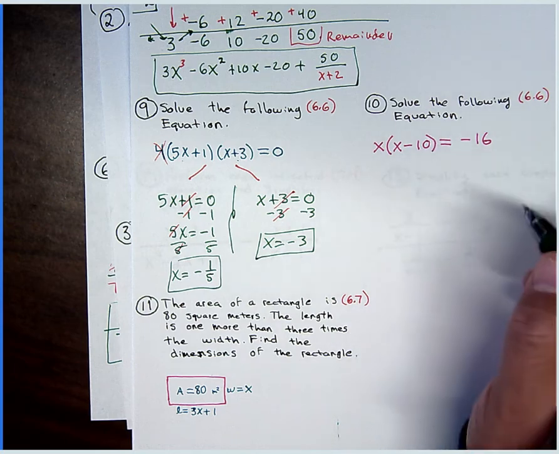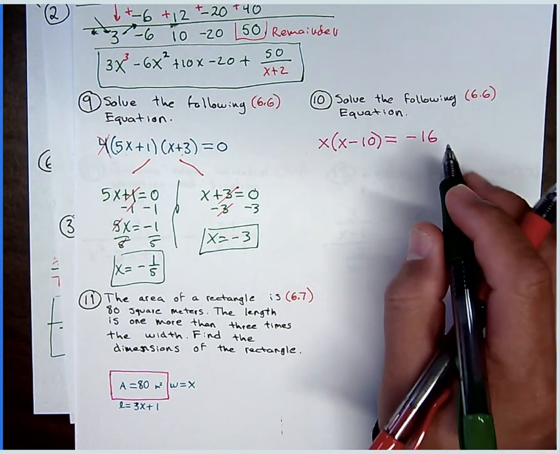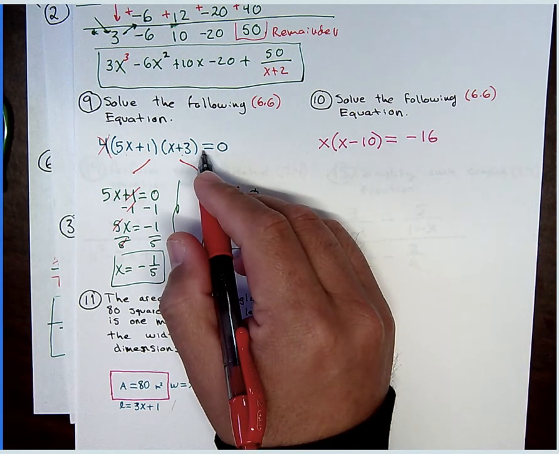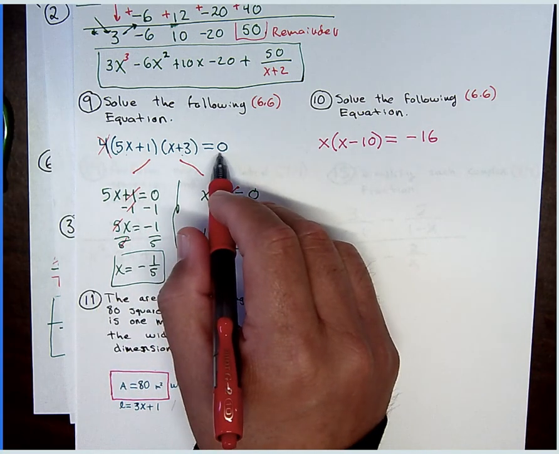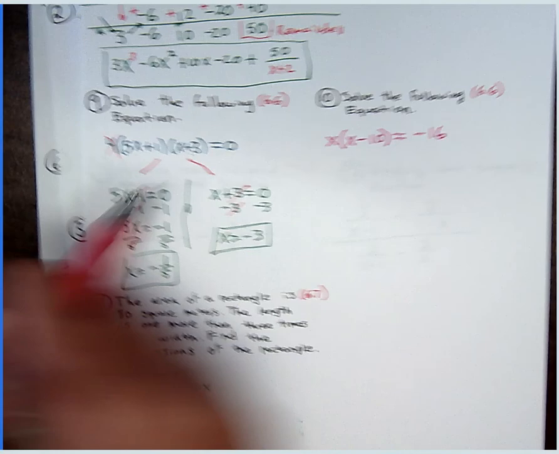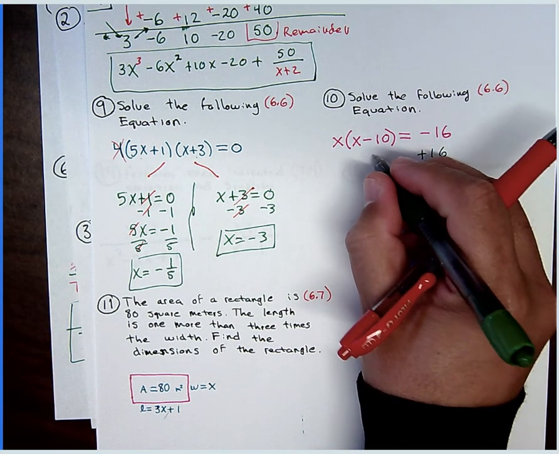Now this one, the same thing, section 6.6, it's just different. So that one you need to solve. Remember, when you're solving equations like that, they have to equal 0, so one side needs to be 0. So we're going to bring the 16 to this side.